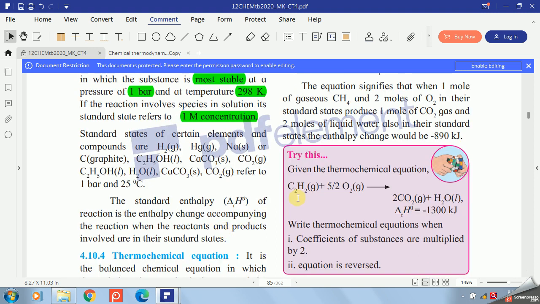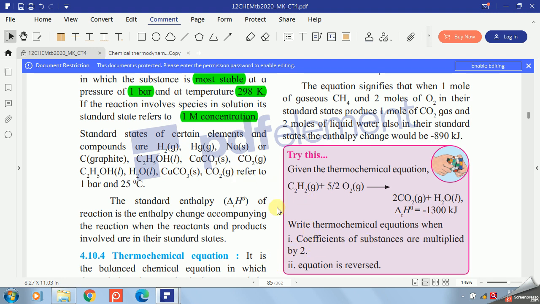Now C2H2, acetylene, reacts with 5 by 2 O2 to give 2 moles of CO2 plus 1 mole of water. The standard enthalpy for this reaction is minus 1300.